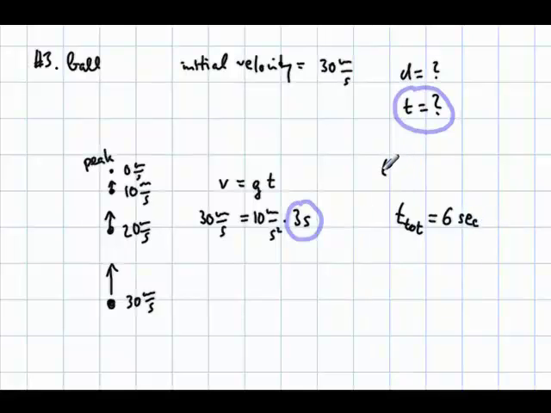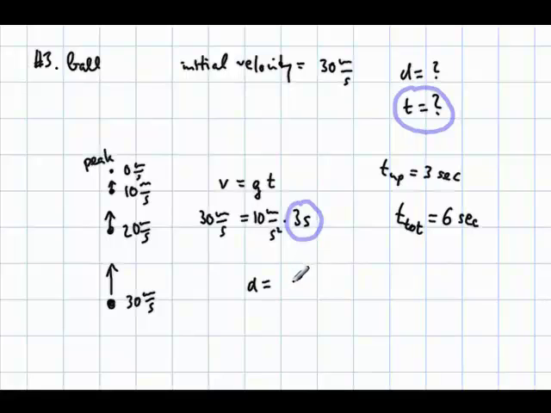And the time on the way up is 3 seconds, and that's also what I need in order to figure out what the distance is to the peak. Now that we have the time, we can figure out the distance, and actually that can be determined in several ways.